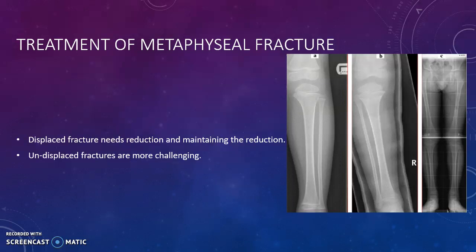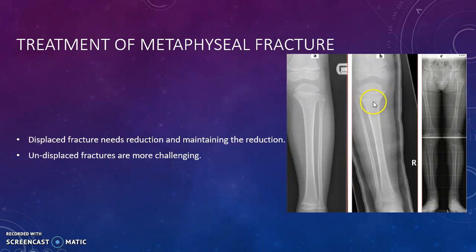So what is the treatment of physeal fractures? Displaced fractures need reduction and maintaining the reduction. Undisplaced fractures are more challenging because they affect the physeal growth, and asymmetry could develop with undisplaced fractures.